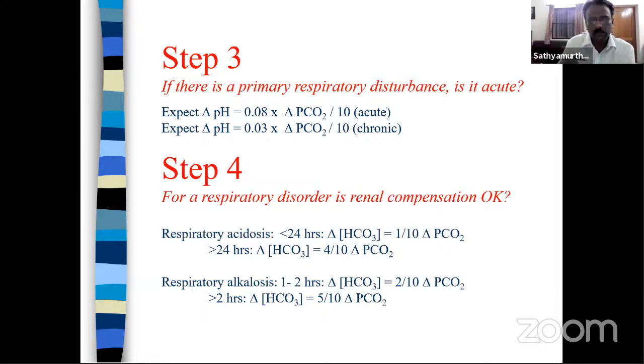So what we actually do is we apply these formulas one by one in sequence, and then see whether our pH and then the bicarbonate fits into this, and that is how we come to know whether it's acute respiratory acidosis or chronic respiratory acidosis, or whether it's acute respiratory alkalosis or chronic respiratory alkalosis.